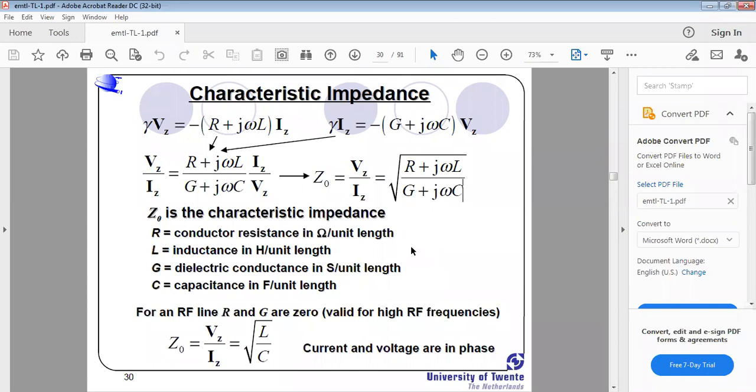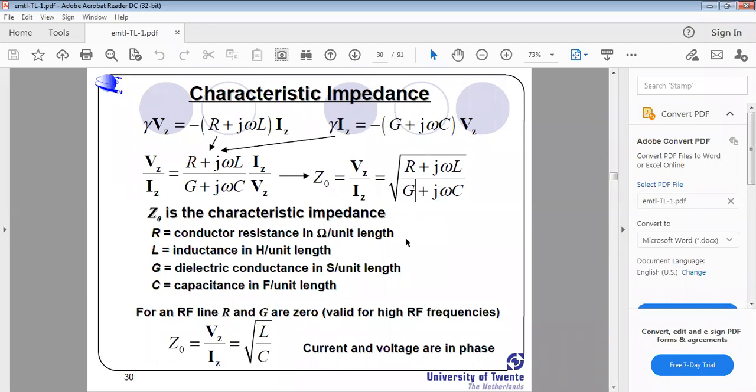Why? Because there is no loss. When there is no loss, there is no resistance and no dielectric conductance. When the transmission line is said to be lossless, then R equal to 0, G equal to 0. These two terms are 0.